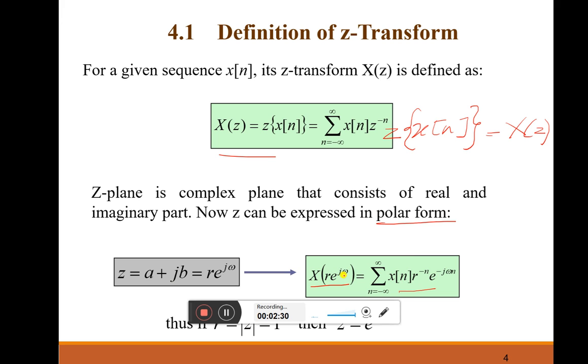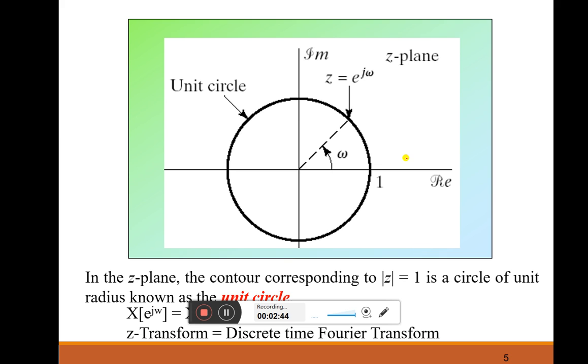And if r equals to 1, then Z equals to exponent j omega. Okay, so in the complex plane, the Z plane is represented by the y-axis, which is the imaginary axis, and the x-axis is the real axis.